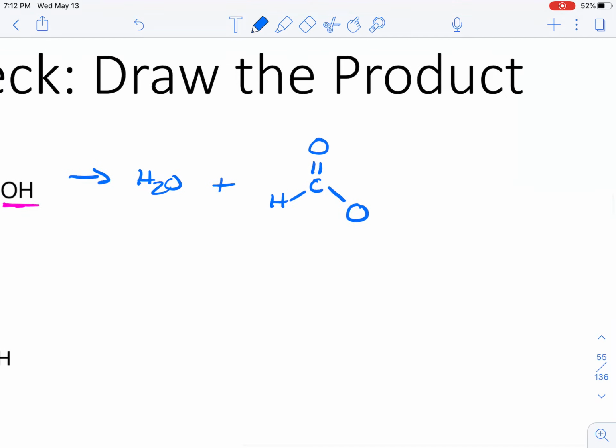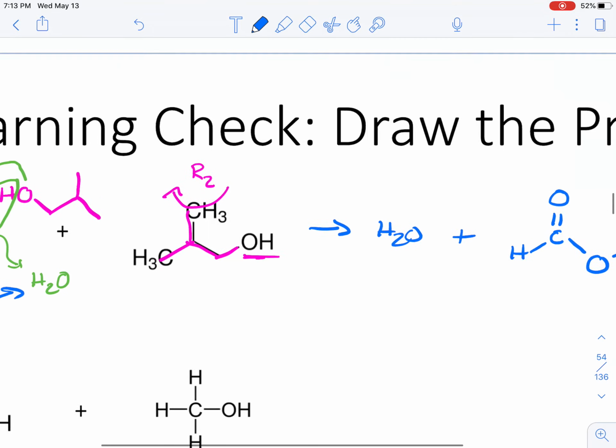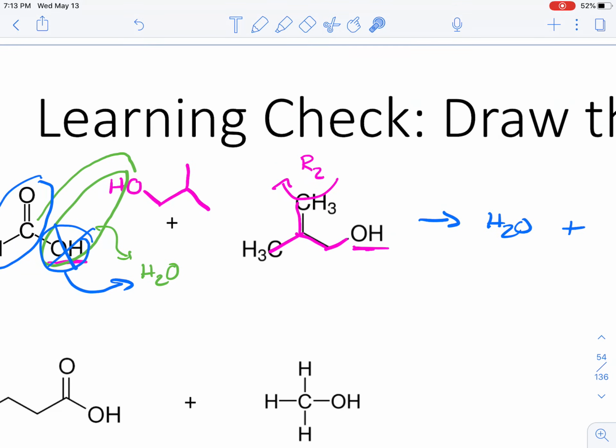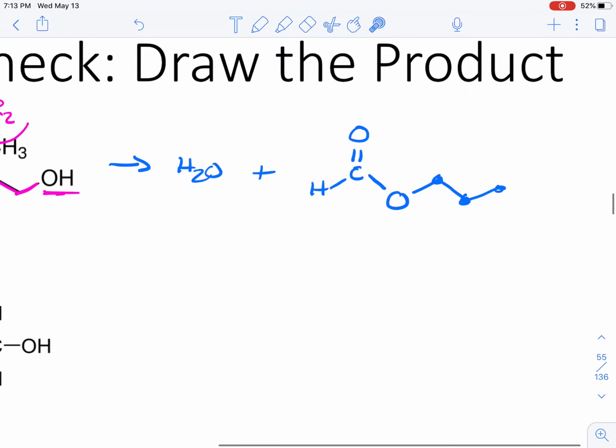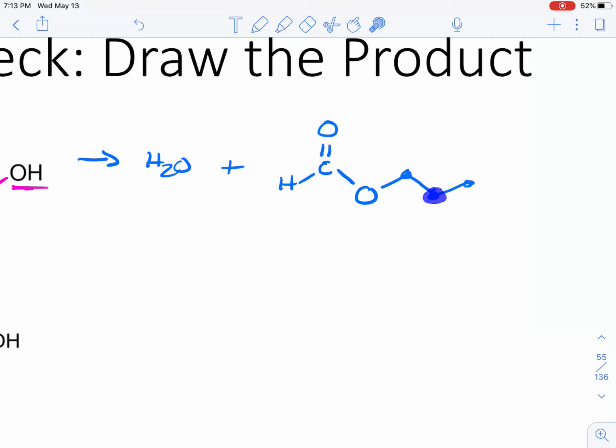So this oxygen needs to have a 1, 2, 3 carbon chain. And then on the second dot, if you will, I need to have another carbon.